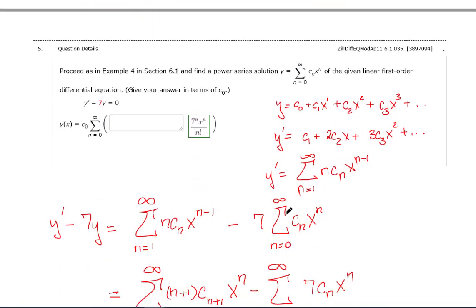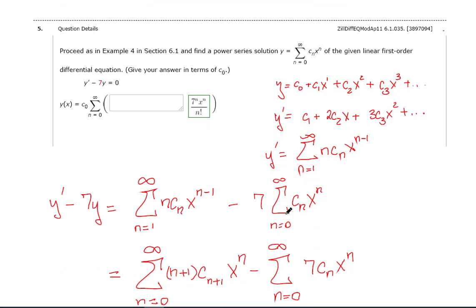And finally, in question 5, we are given a first order differential equation here, and so we're trying to find a power series solution. All right, so this is what it's going to look like. If I spread out the terms, it looks like this.